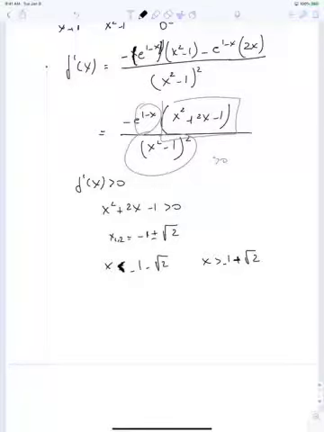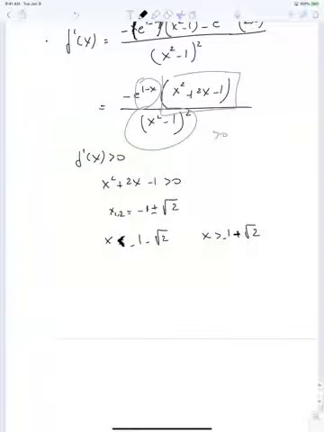I did it wrong, sorry. Now notice that there's a minus sign here, so this is going to change everything.